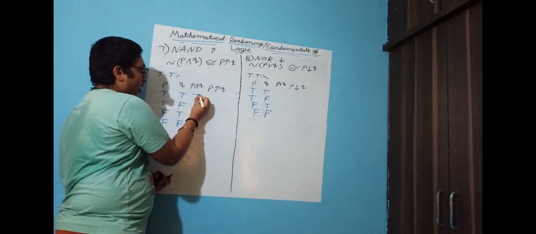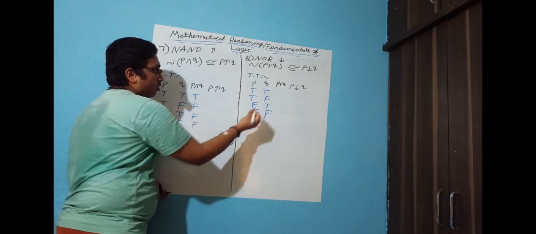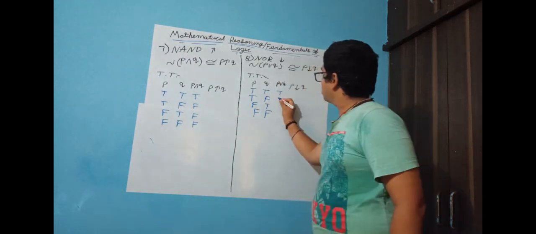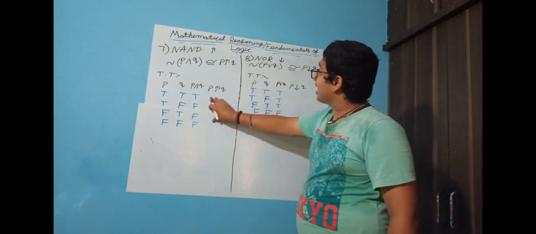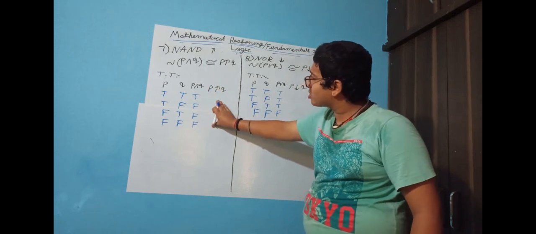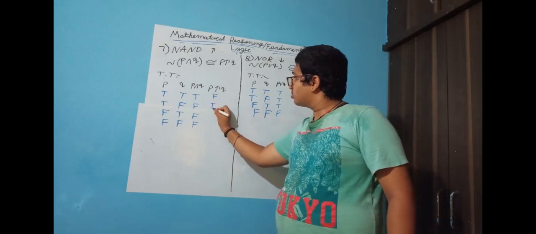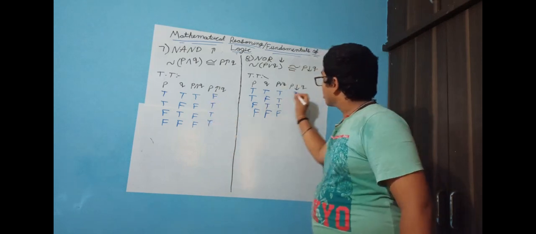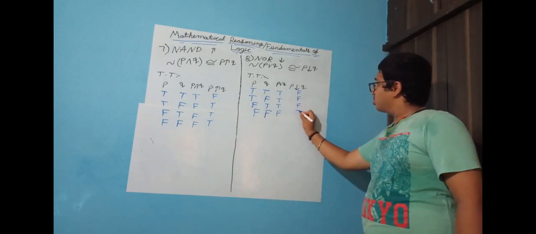In AND we follow this, whereas in OR we follow this one. Now NAND is the negation of AND, so we write the opposite of these truth values here. True, negation is false. Here, false, false, false, true.